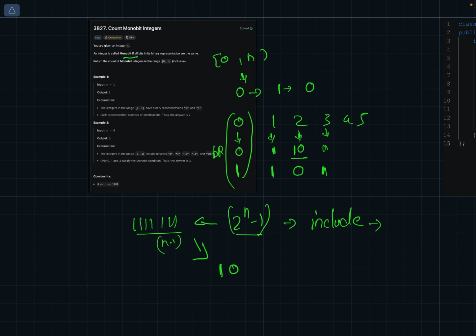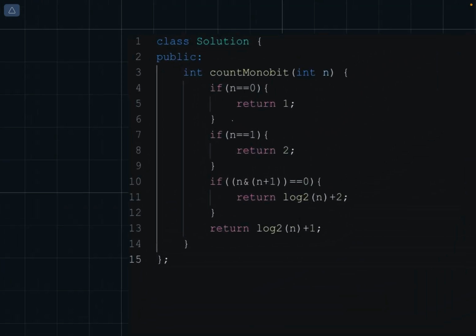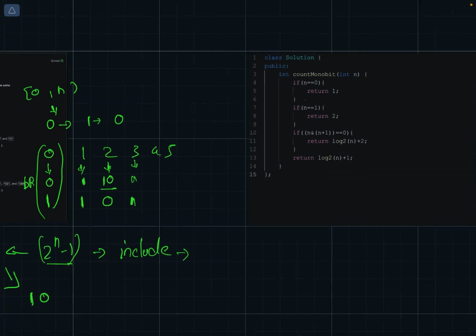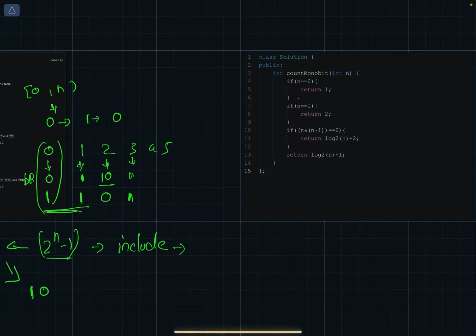So our answer becomes like this: if n equals 0, our answer is 1. If n equals 1, our answer is 2, because of these two elements.